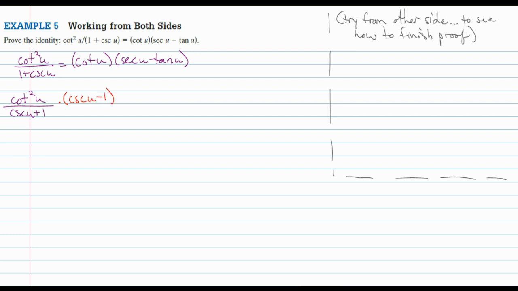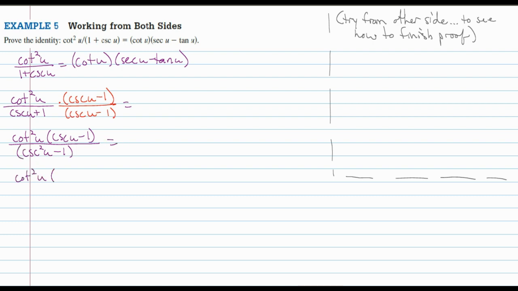Cosecant of u minus 1 is going to get multiplied to both the numerator and denominator to create that difference of squares. So now in the numerator I have cotangent squared of u times cosecant of u minus 1, and then in the denominator I have my difference of squares, cosecant squared u minus 1, which is cotangent squared.